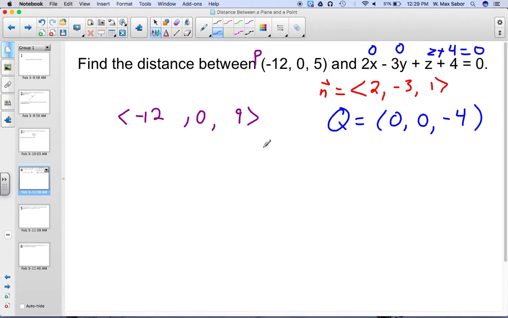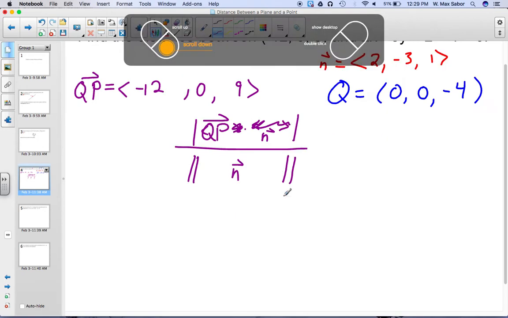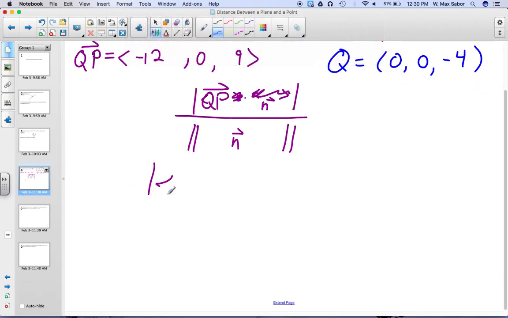That's going to be our vector from Q to P. And now we take the absolute value of the dot product over the magnitude of n. So this is vector QP dotted with vector n. So let's write that out. Vector QP is -12, 0, 9.